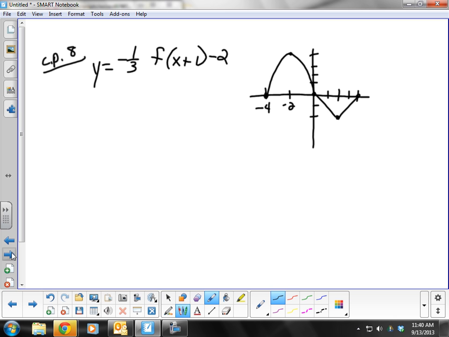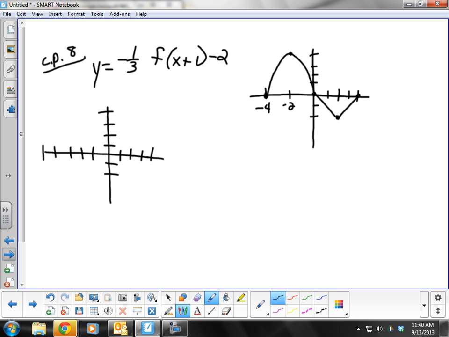Okay, so I'm going to take all those points that I have there now. And if you need to, write the points down in a table and actually physically do the math to it, the adding and subtracting or multiplying and dividing.